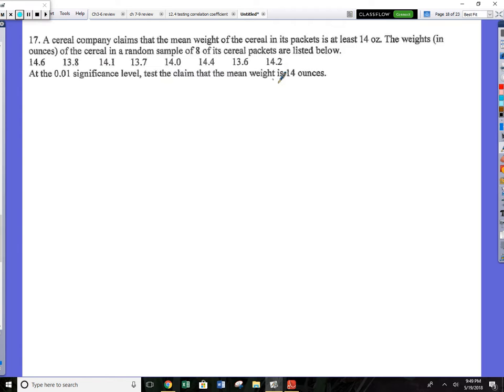The claim that the mean weight is 14, or is at least 14. So this is a hypothesis test. We're going to do a Ho and a Ha, and you got to remember, the Ho is always equals, and we're talking about means or proportions. We're talking about means, so we're going to go mu, and this is always some kind of equals.